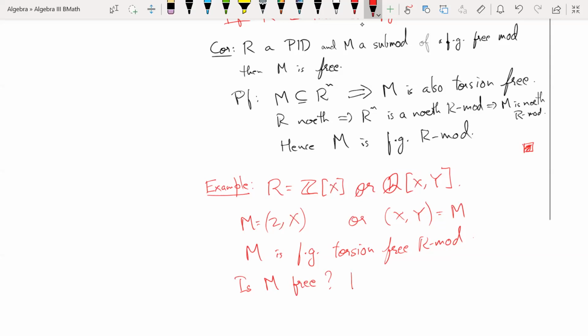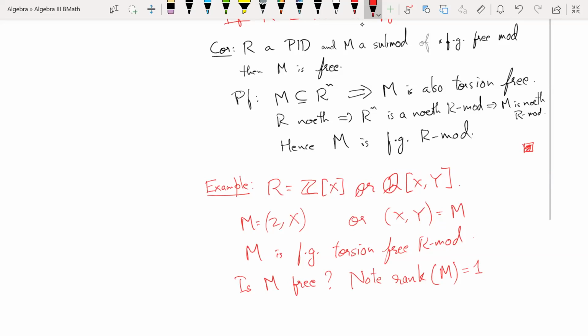So note, the rank of M, the maximal linearly independent set, if you like, is going to be 1. But of course, this is not principal.